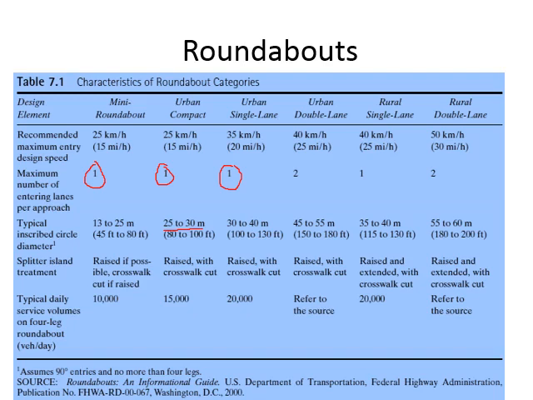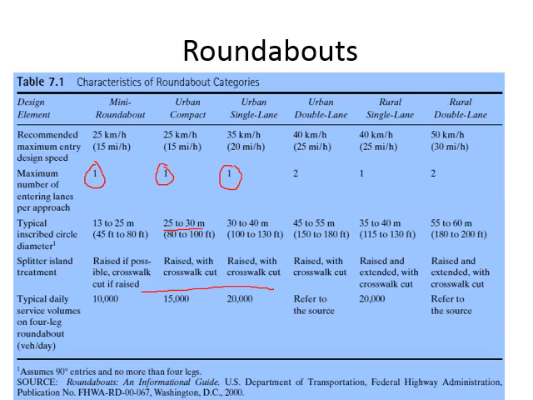So splitter island is very important for roundabouts because you will not see any roundabout which is without a splitter island. Okay, in all the types you will see there's a splitter island, because when you are coming out of the roundabout you need some division. Okay, you can come in the opposite direction as well by mistake.